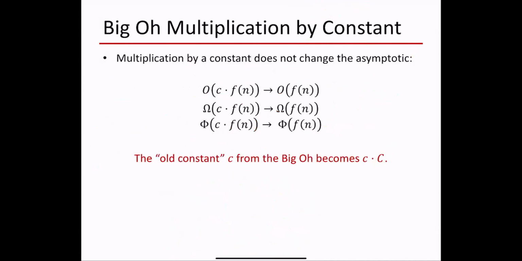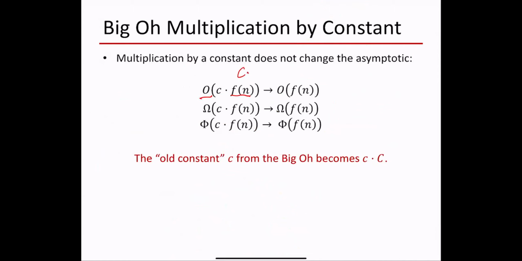So big O multiplication by a constant. Multiplying by a constant does not change the asymptotic. Why? Because a constant multiplied by a constant is still a constant. So in big O of f of n, there must be a constant c.